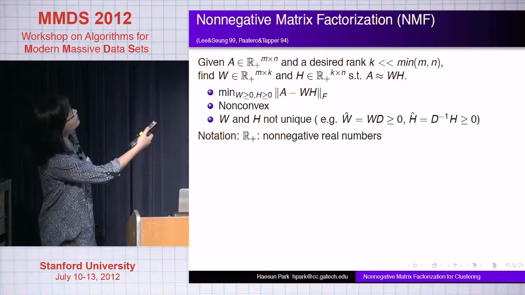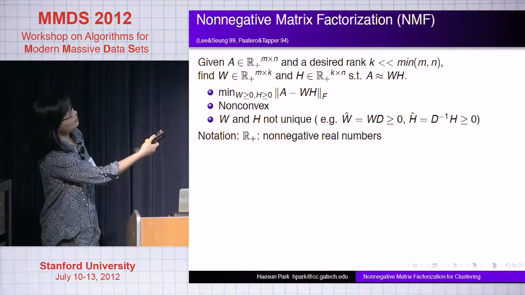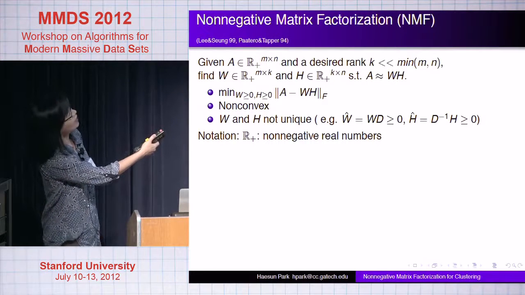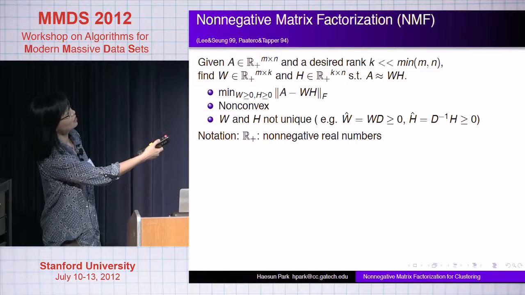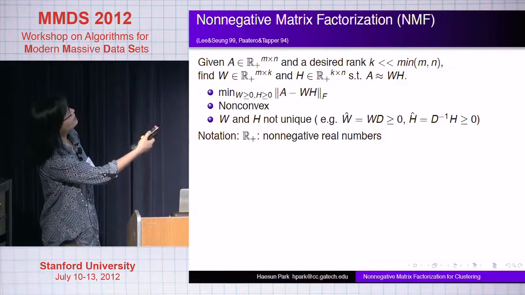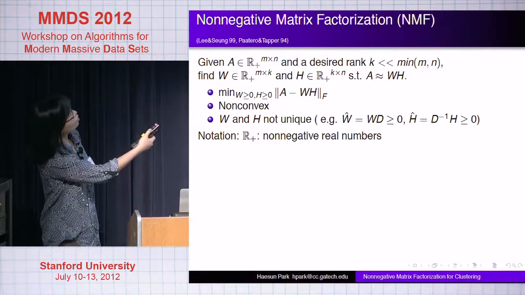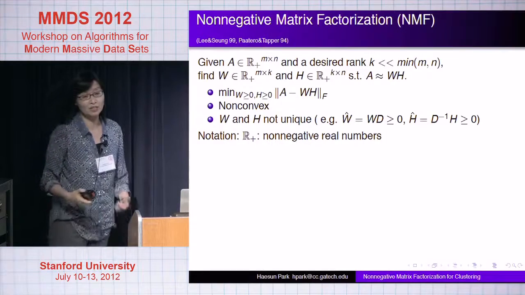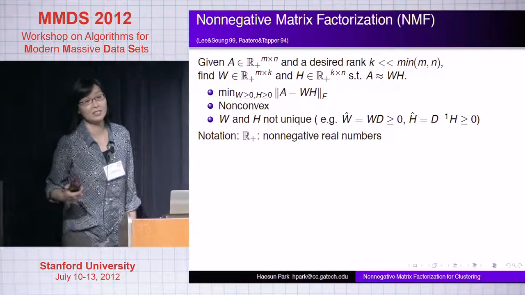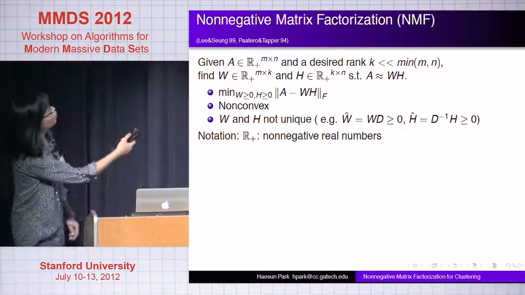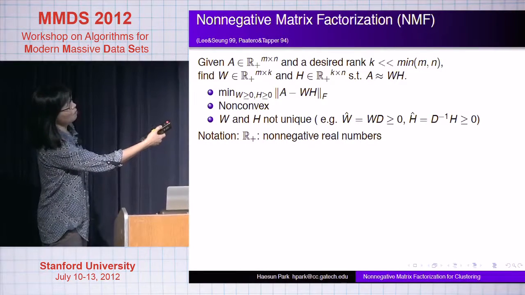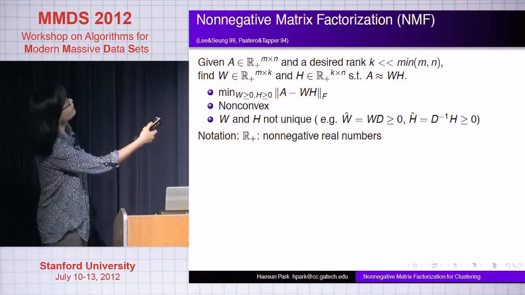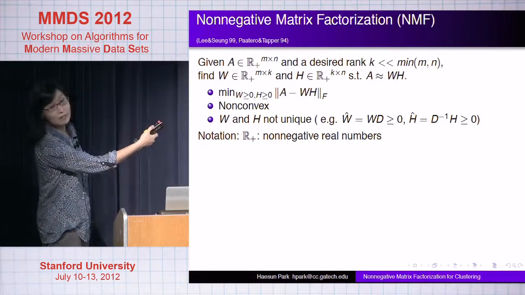So A is non-negative, and suppose the desired rank K is given, a reduced rank much smaller than M and N. Then we want to find two non-negative factors, W, which is M by K, and H, which is K by N, so that A can be approximated well by the product of these two non-negative matrices. Depending on what we mean by approximated well, we can use a difference measure.